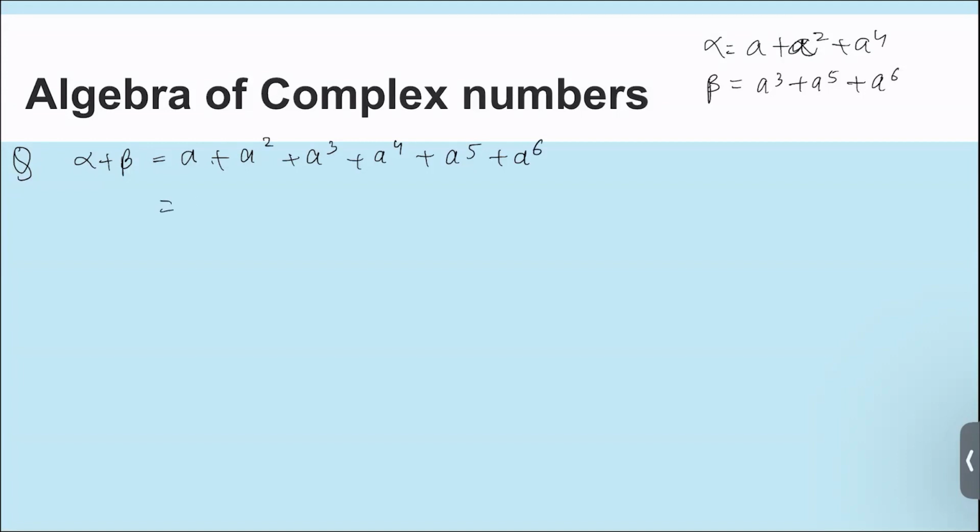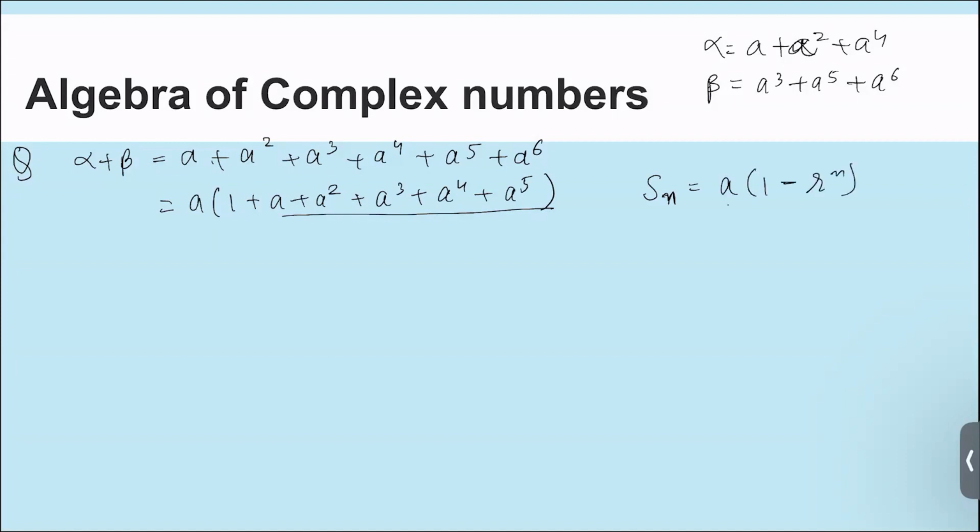Now, if you take the a outside, you get a times 1 plus a squared plus a cubed plus a to the 4 plus a to the 5. This is in the form of a series of numbers. The sum of a series of numbers can be written in terms of a times 1 minus r raised to n upon 1 minus r.